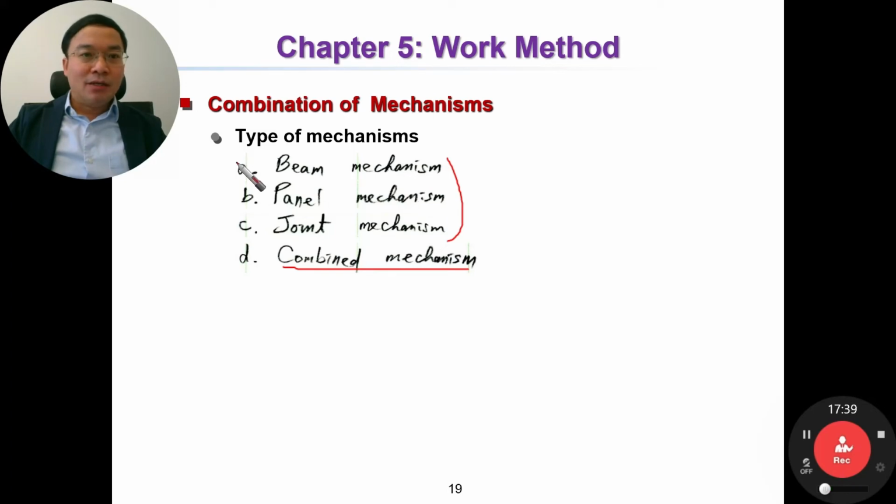It means we combine two mechanisms together. And sometimes we combine all the mechanisms together, then we have the full combined mechanism.